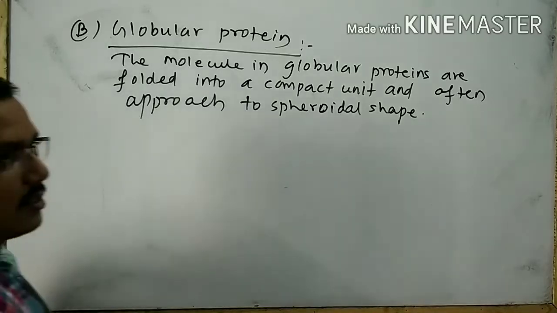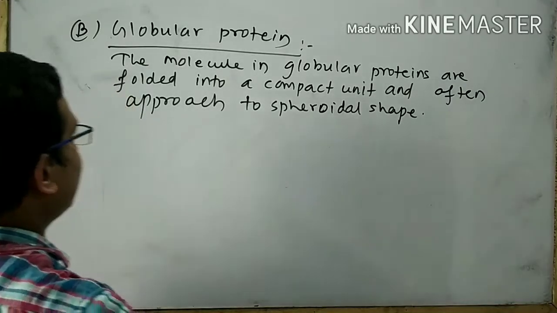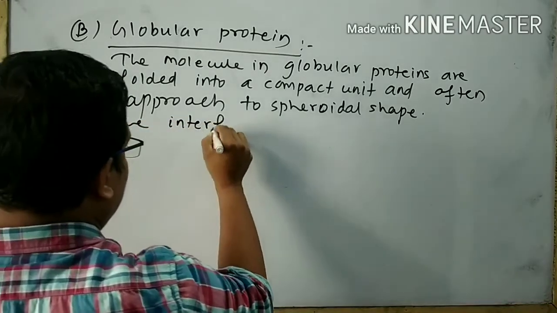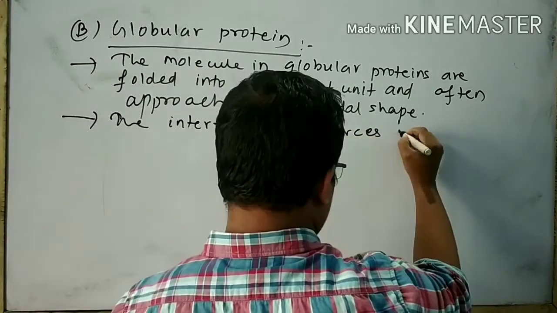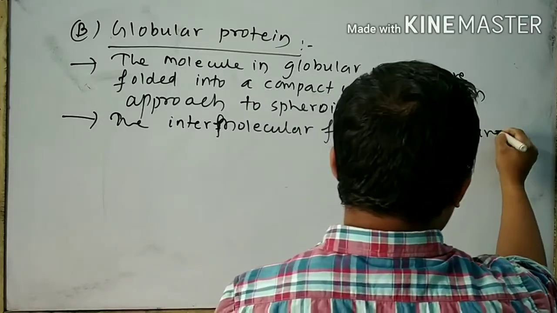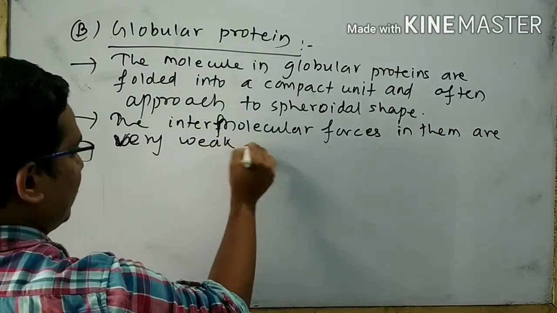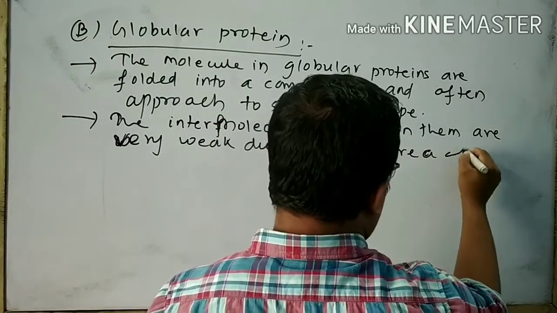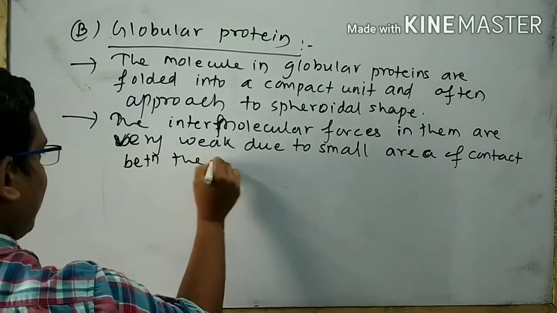In globular proteins, there is a small intermolecular force of attraction between the molecules due to small area of contact between the molecules. So we can write the intermolecular forces in them are very weak due to small area of contact between the molecules.